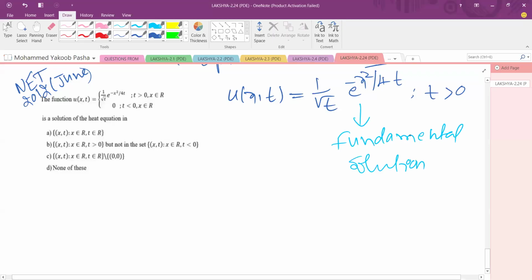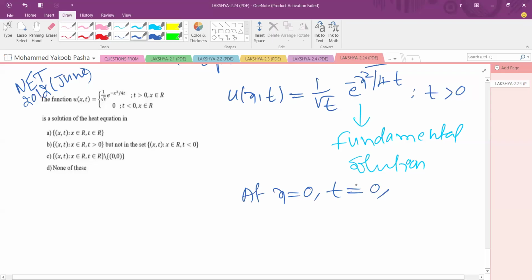So for this function, for this solution, we can check at x is equal to 0, t is equal to 0.